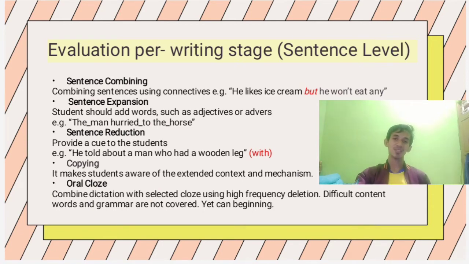The next type is sentence reduction. Sentence reduction aims to reduce the sentence, where we remove some words of the sentence. For example, I go where I like to go.